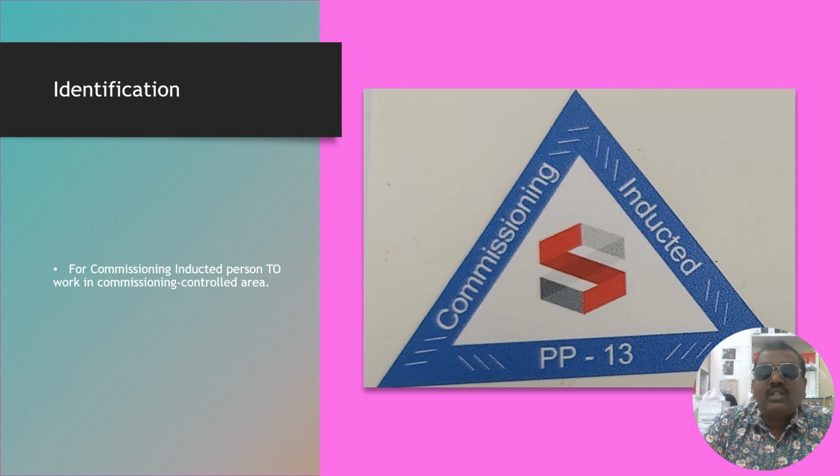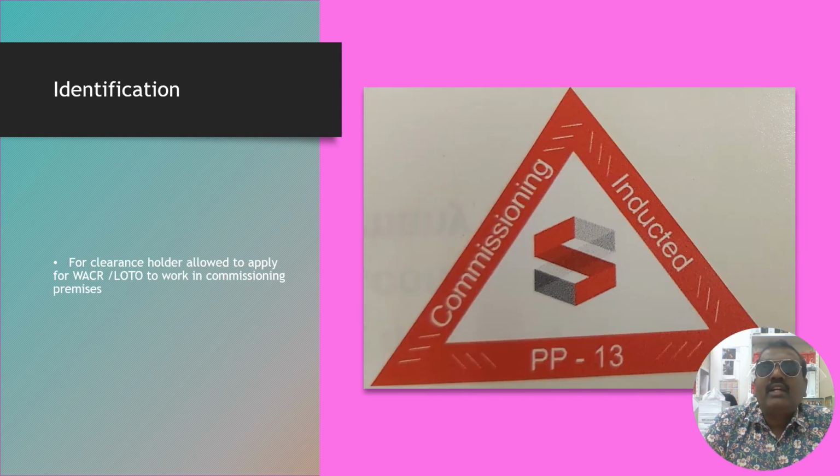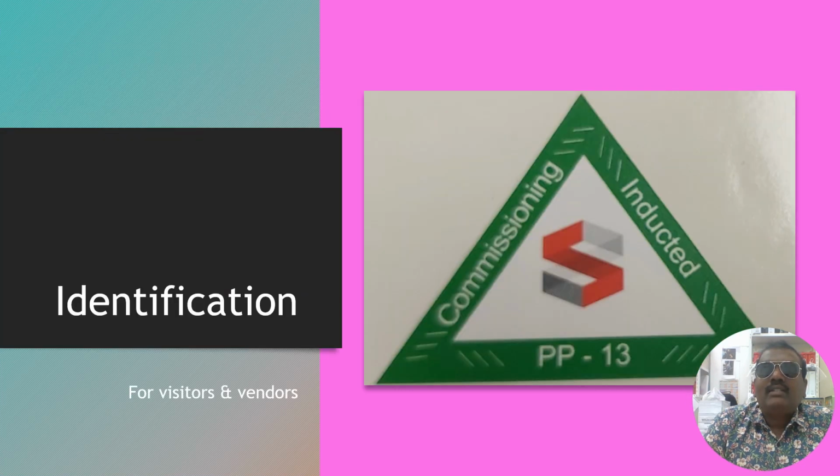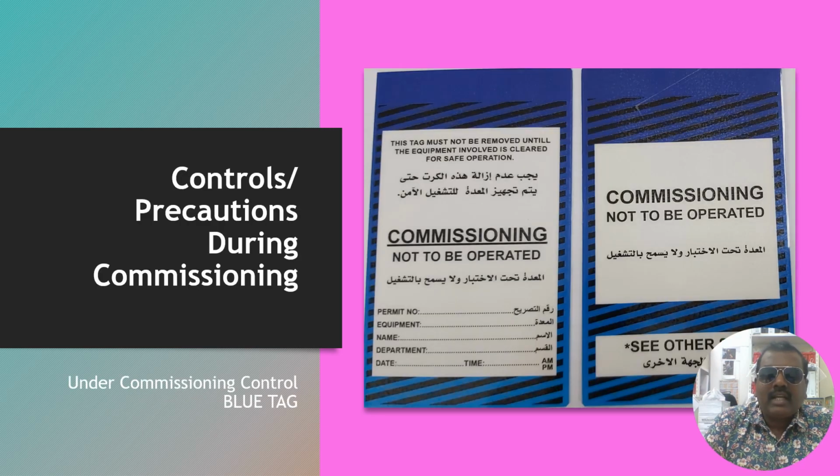Here we have blue, and here we have red for the PTW receivers who can come to the LOTO office to obtain the work permit. Finally, this is green. Why have we given this green? This is for the visitors and vendors, to easily identify the personnel on the site.